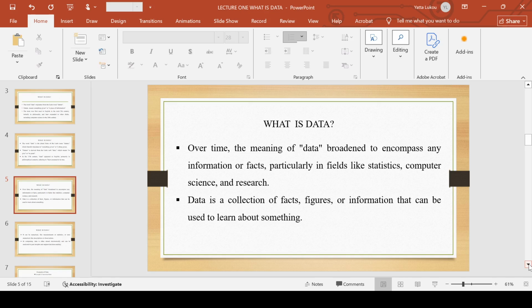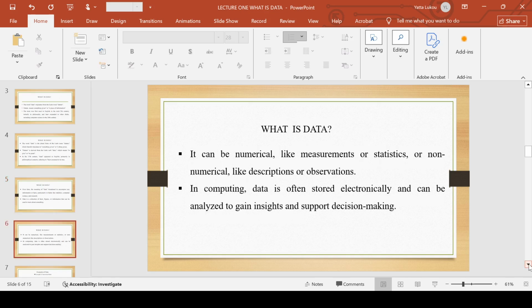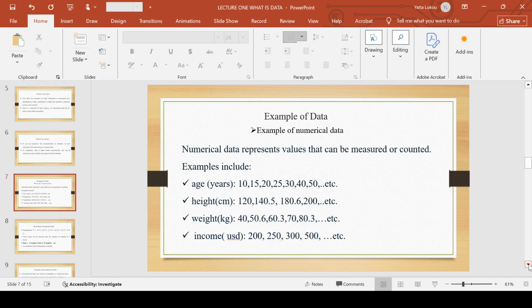Therefore, data is a collection of facts, figures, information that can be used to give information about something. And data can be numerical values, and they can be descriptions or observations. In computing, data is often stored electronically and can be analyzed to gain information or insight and support decision making.